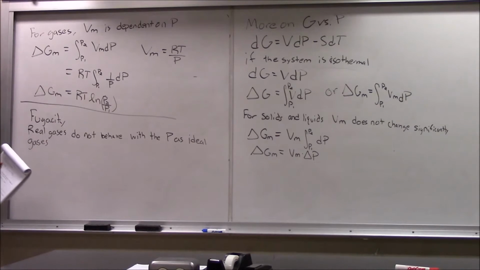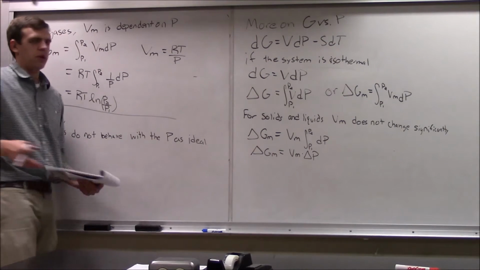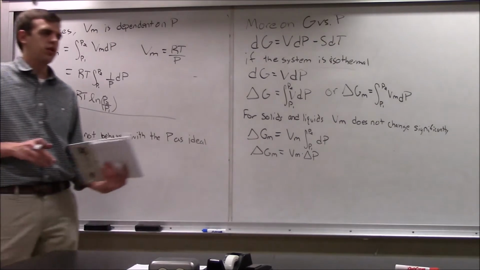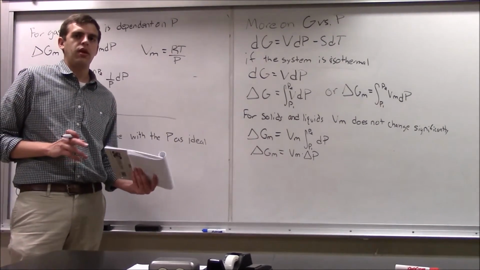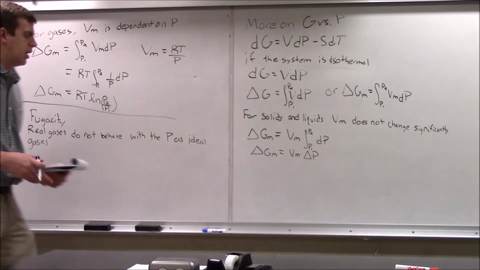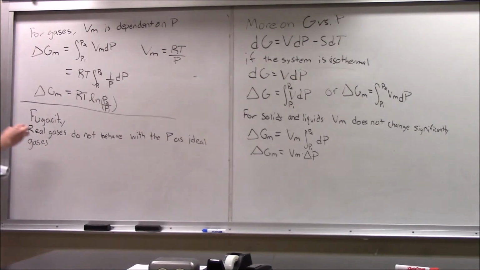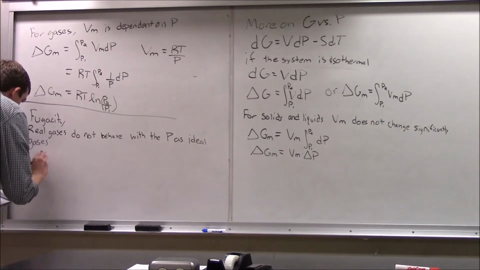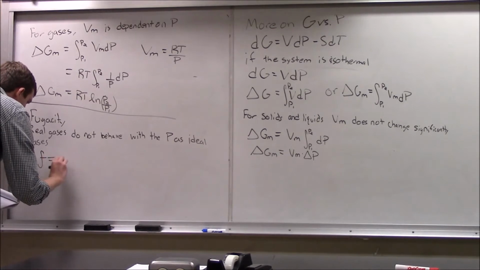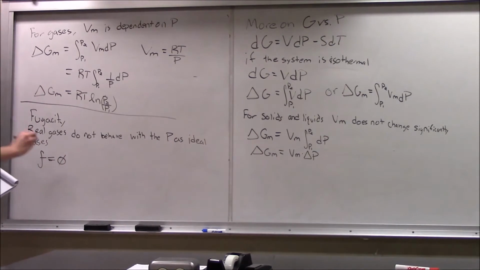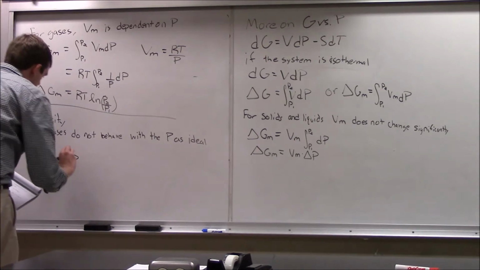What it is to say is that you have interactions with real gases, and so maybe your pressure is less than it would be ideally, or more than it would be ideally. And so that's the idea of fugacity. So we write out fugacity as this fancy F, which is equal to the fugacity coefficient times pressure.